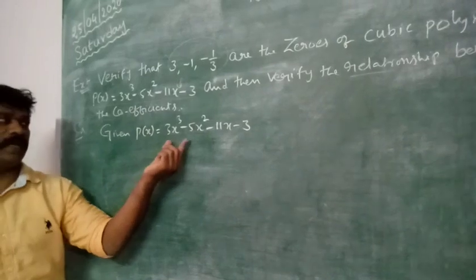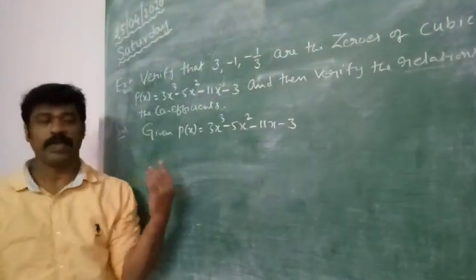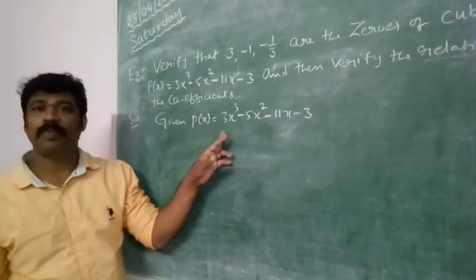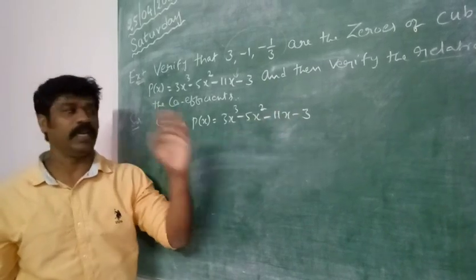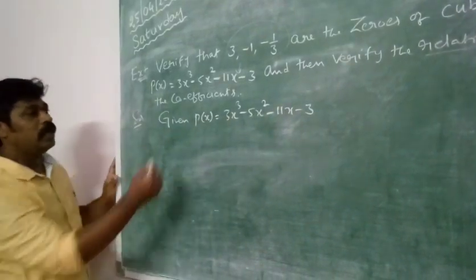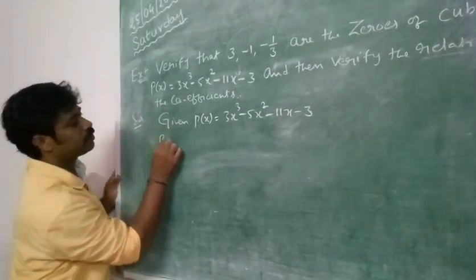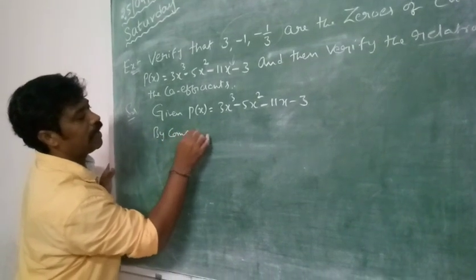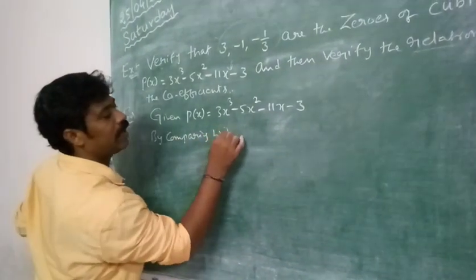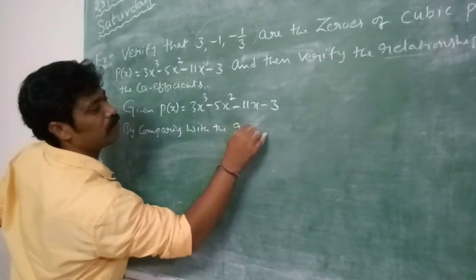First we have to compare the given polynomial with the general form. What is the general form? ax cube plus bx square plus cx plus d. If you compare with the general form, what will you get?